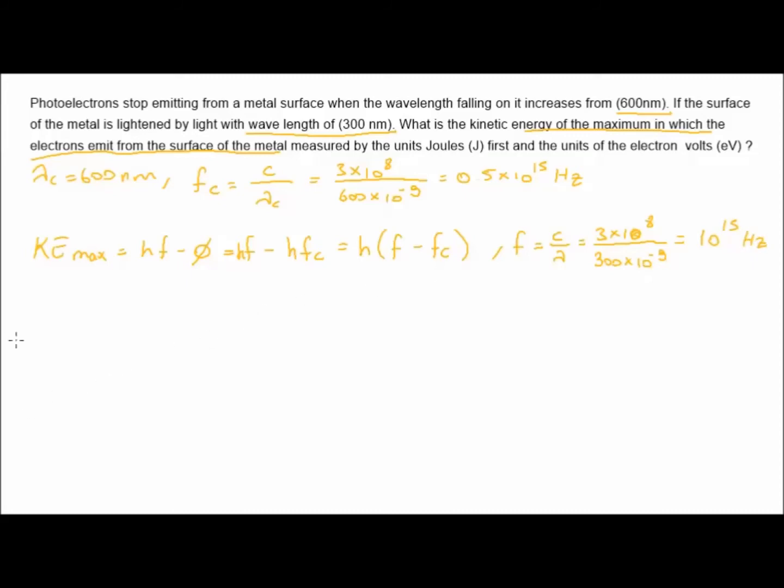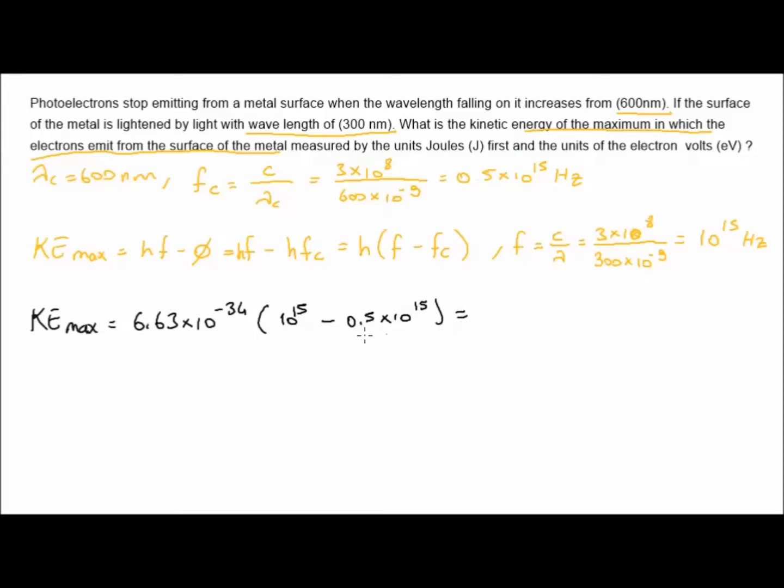So Ke max is going to be h, which is 6.63 times 10 to the power of negative 34, times 10 to 15 minus 0.5 times 10 to 15.